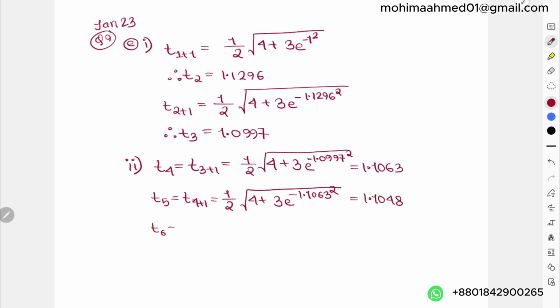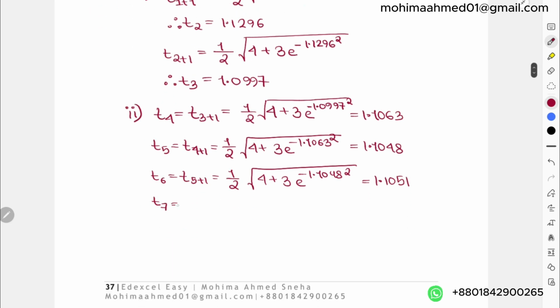And again for x6, you have x5 plus 1, which is half of 4 plus 3 exponential of minus 1.1048 squared, that is going to be 1.1051.